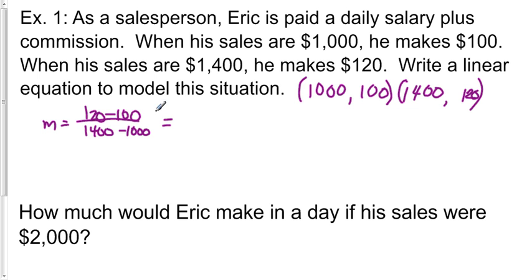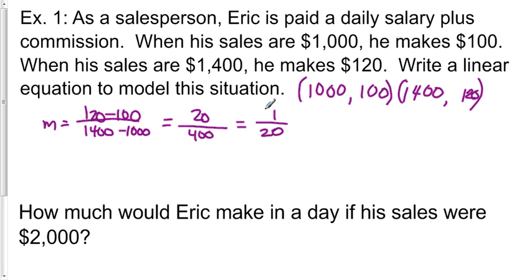So 120 minus 100 gives me 20. 1,400 minus 1,000 gives me 400. And the slope here is 1/20. I'm going to leave it as a fraction, 1/20. Okay, so there's our slope now.